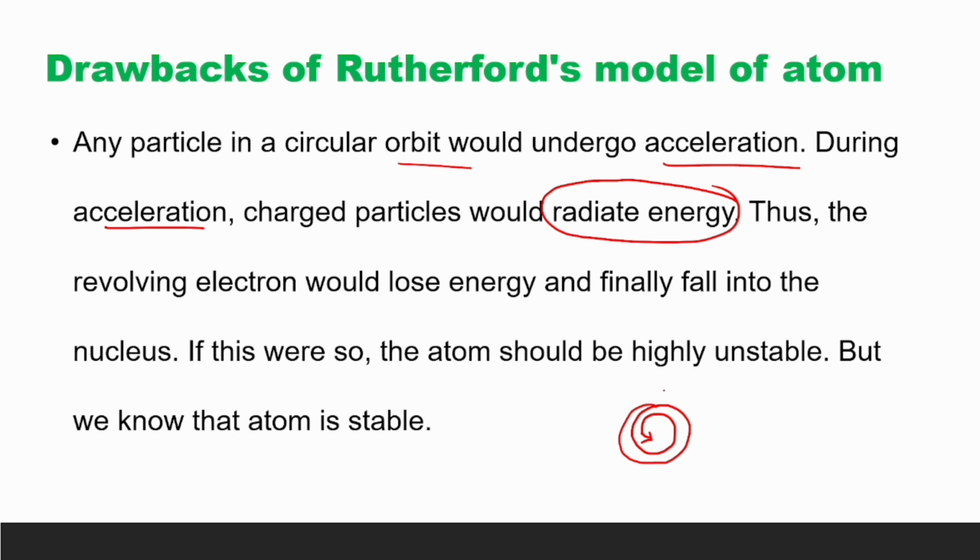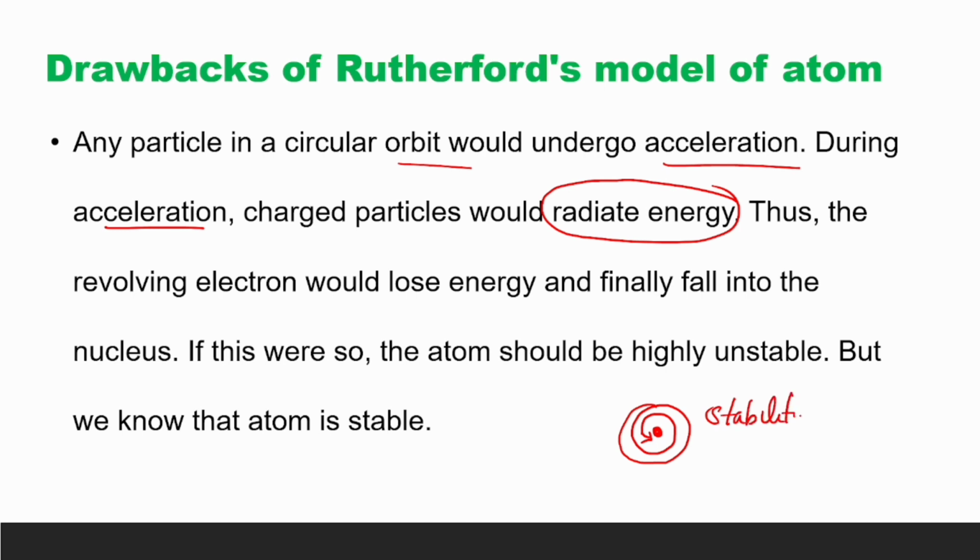Thus, after radiating energy, it will finally fall into the nucleus. The electrons moving in a circular motion will undergo acceleration, and at last they will radiate energy and fall inside the nucleus. So, the stability will be lost.